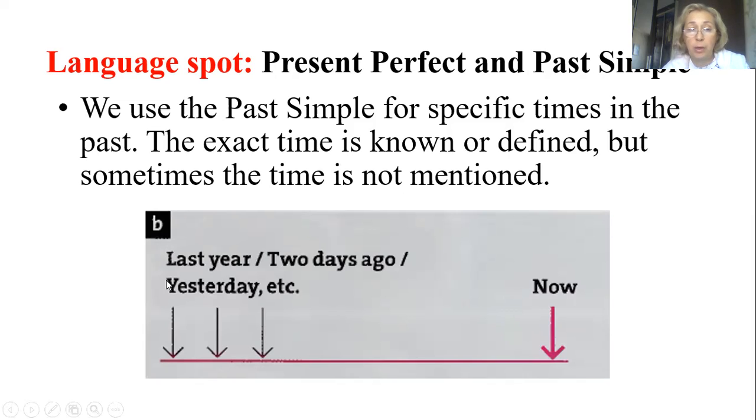Here we have time markers, like last year, 2 days ago, yesterday, in the last century. We need to use the past simple tense because it happened in the past and it is not connected to the present.